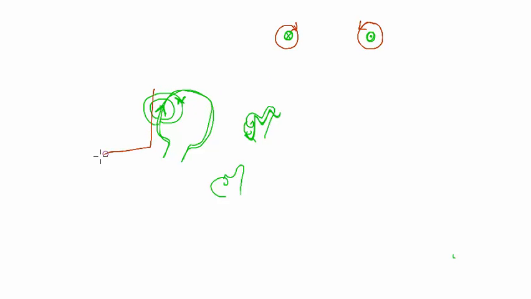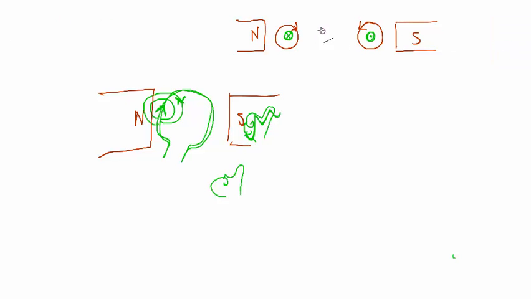Now if I put this between two magnets, so let's say we have north on this side and south on this side, so I just draw my north and south up here, a little bit away. Then notice there's also now a magnetic field, with field lines going from here to there, from north to south.